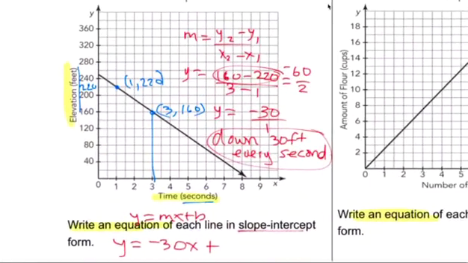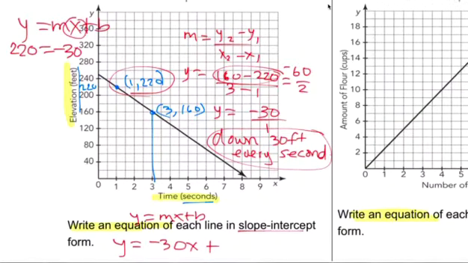Okay, y-intercept, y equals mx plus b. So you substitute in y, let's use this one here, 220 equals m, which is negative 30. In place of x, we put positive 1, plus b, we don't know.